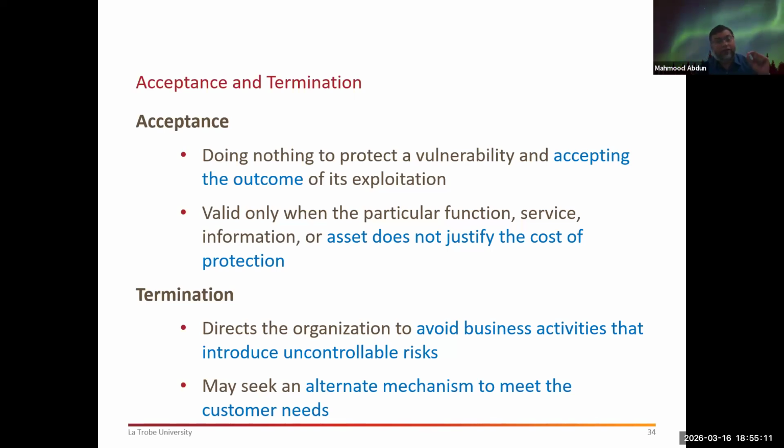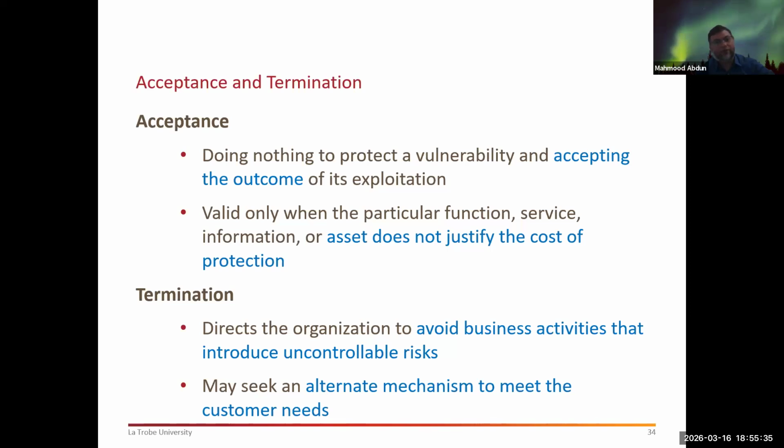So termination is not about detecting and eliminating a risk. No, termination is about avoiding business activities that introduce that risk. You can think about acceptance and termination as the two opposite sides of the same coin.